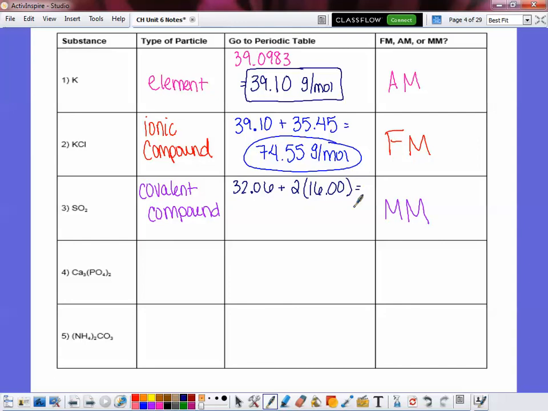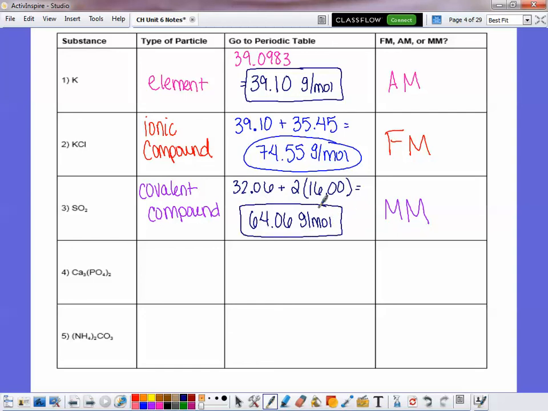What did you get, Brian? 64.06 grams per mole. Now, I'm going to let you guys do the calculations for the other two, but I want to set it up for you guys, or at least for the first one. What types of particles are 4 and 5?